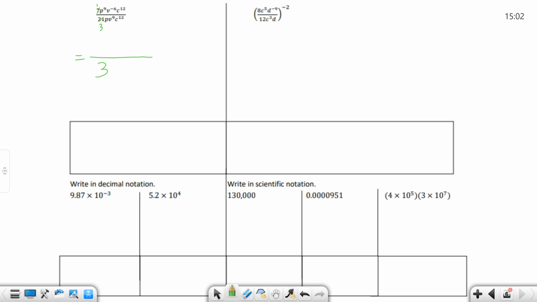Then I move on to my p's. I've got p to the 9th over p. Well, you subtract them, right? That's going to be p to the 9 minus 1, which is p to the 8th up top. And then, what about the v's?